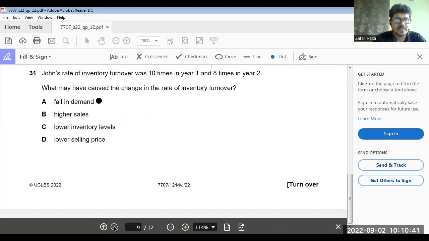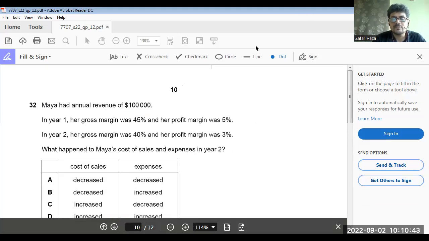Okay. Now 32. Maya had annual revenue of 100,000. In year 1, her gross margin was 45%, profit margin 5%. In year 2, her gross margin was 40% and her profit margin was 3%. So when gross margin is decreasing, it means cost of sales is increased.